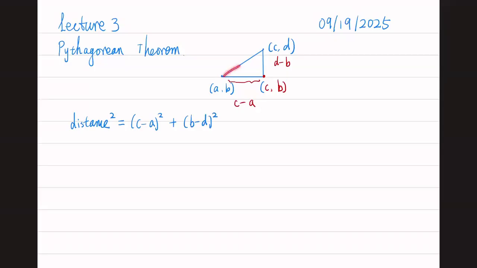So the square of this distance is the summation of the squares of the differences of the coordinate.